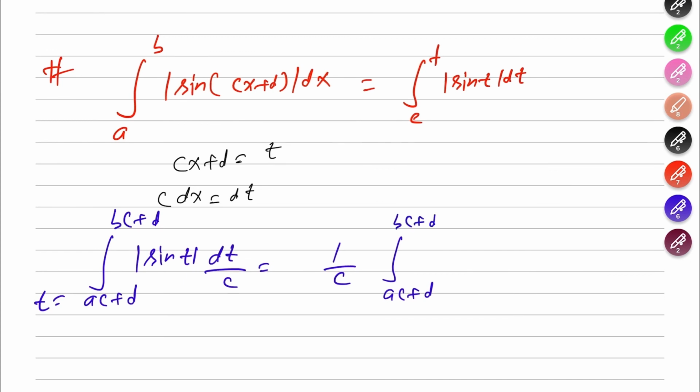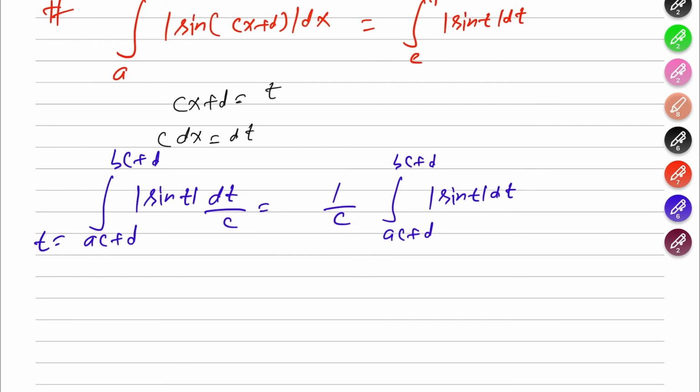So this is 1 by c times the integral from ac plus d to bc plus d of modulus of sin t dt. Now this is easy to integrate, and here we will break it. So this is 1 by c, and upper limit minus lower limit.